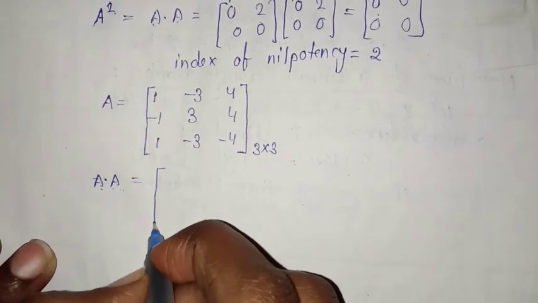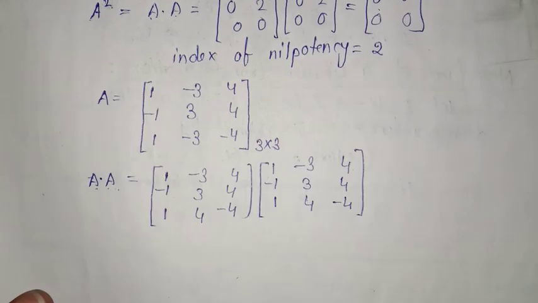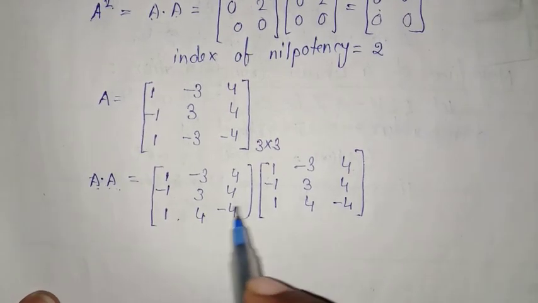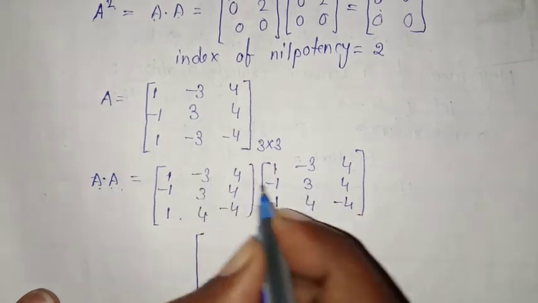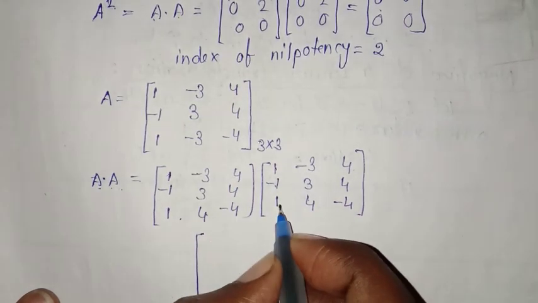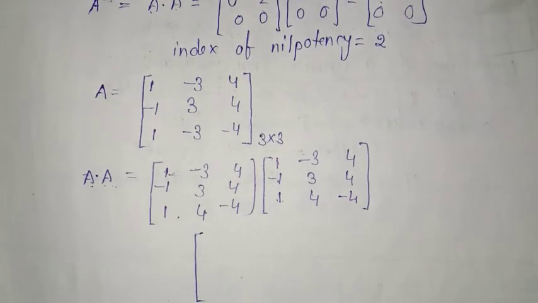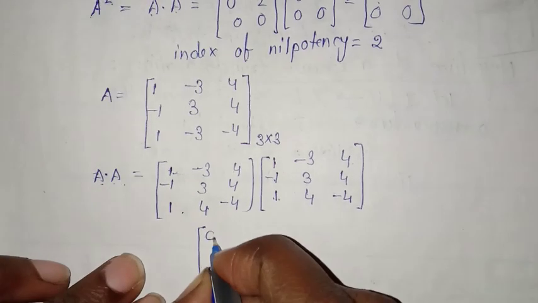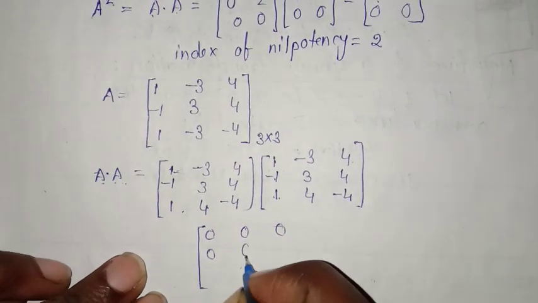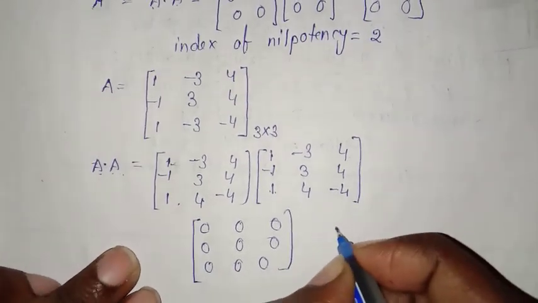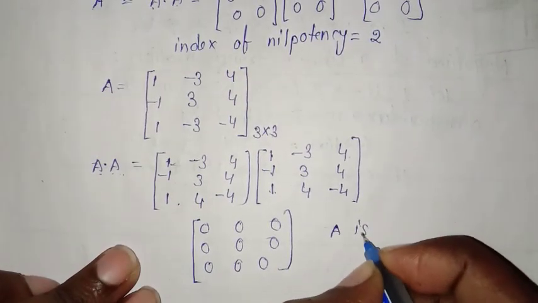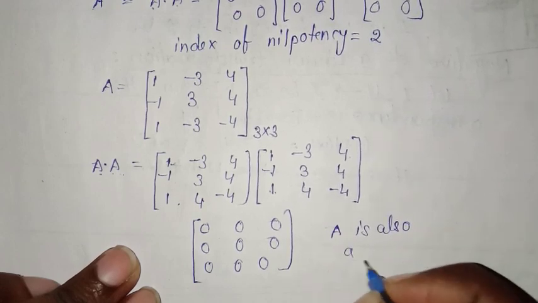So let's multiply. Now if we multiply the matrix with the same matrix, this becomes 1, this becomes plus 3 and this becomes plus 4. After the multiplication you will see that it becomes 0 0, that is it becomes a null matrix of order 3. So A is also a nilpotent matrix.